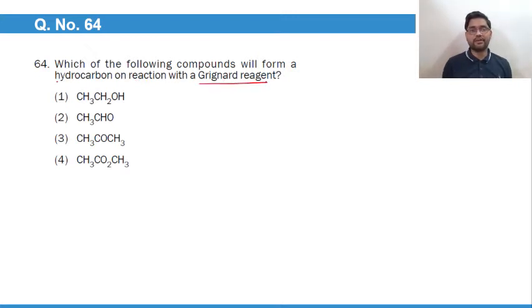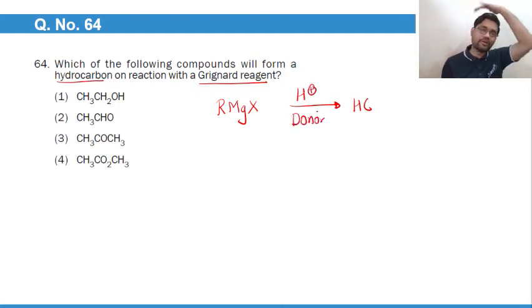RMgX gets converted to a hydrocarbon in the presence of a proton donor. Out of all these, the proton donor is alcohol. So we'll go with option number 1.